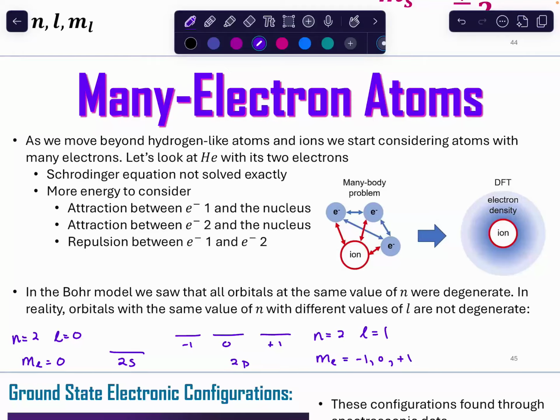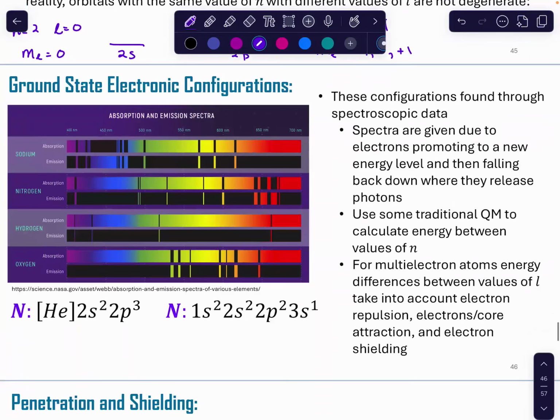Now, the reason for this energy difference is when we start looking at ground state electron configurations. So all these spectra that we've been looking at are caused by atoms getting hit with radiation, electrons jumping up in energy to another set of orbitals, and then falling back down. When they de-excite, they release photons, and each element is going to have very characteristic spectra.